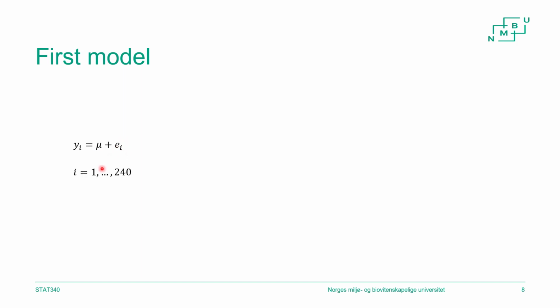And in this case, notice the index i must then go from 1 to 240 because there are 240 observations. So all 240 of them come from this model, right?